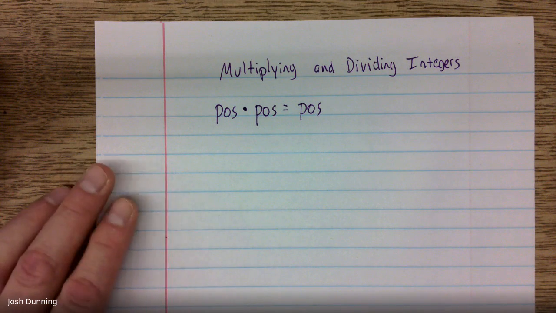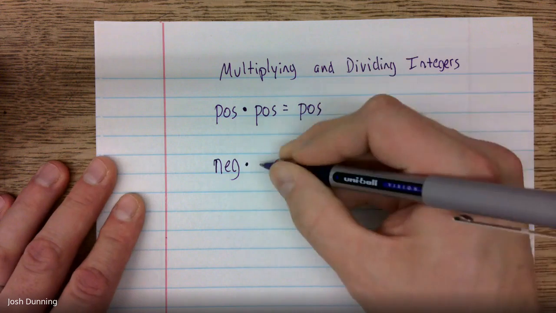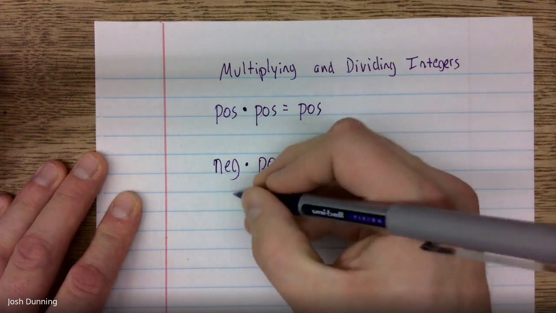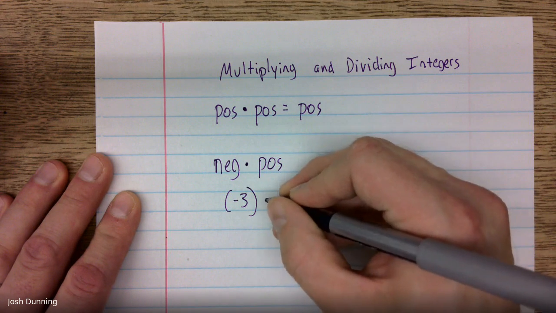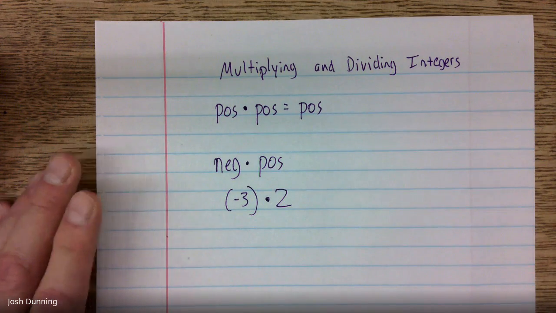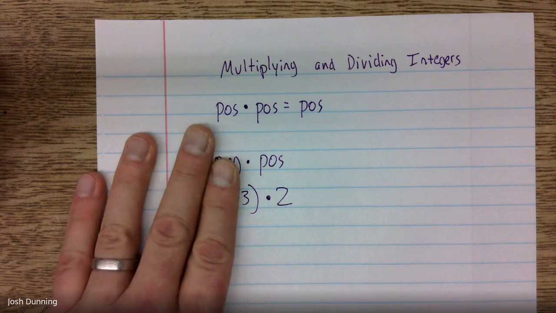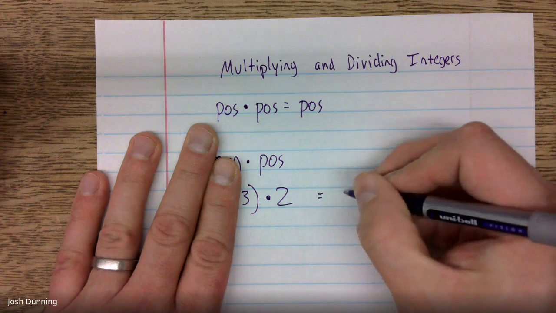Now, if we have a negative times a positive, like if we have -3 times 2, what we can do here, just think about 3 times 2. We get 6.